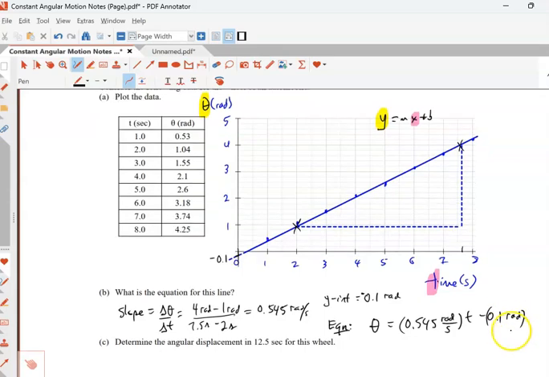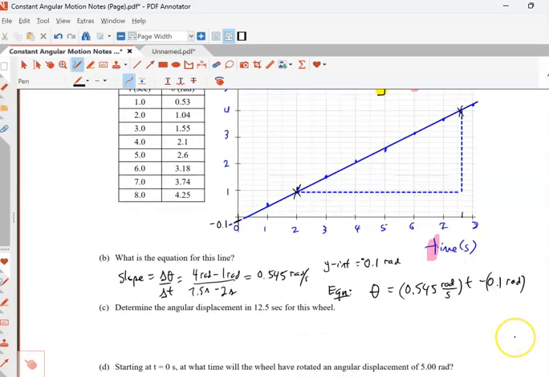Next bit. Suppose that we would like to get the angular displacement when it's at 12.5 seconds. Well, now that you have an equation of theta as a function of time, that's theta equals 0.545 rads per second times t minus 0.1 rads. So now all you need to do is plug in t equals 12.5 seconds into this function.